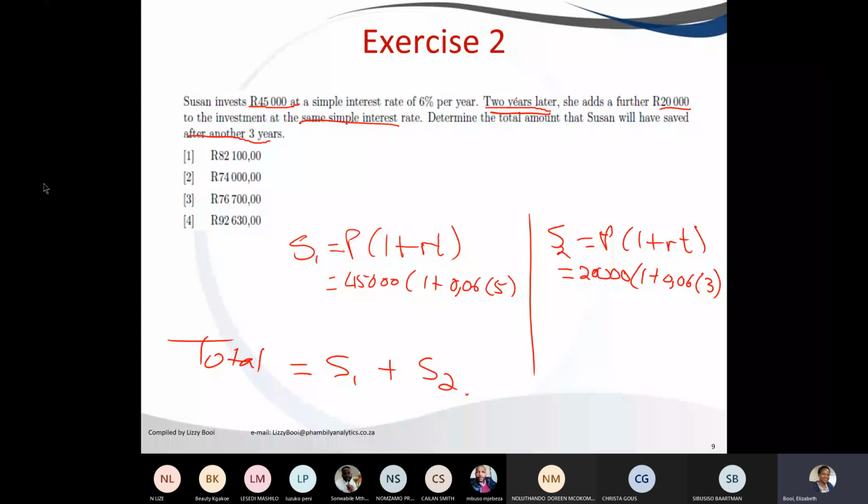So the amount that she placed after 2 years will earn interest only for the next 3 years. And that is why the time is only 3 years for that one. And for the first one, it will run for the 2 years and another 3 years, which is 5 years. And you just add both of them and calculate your future value.